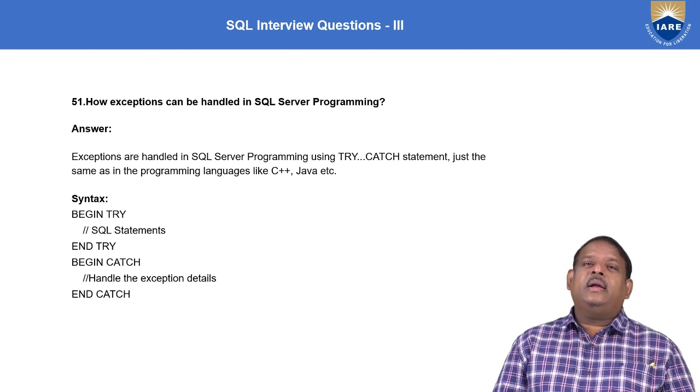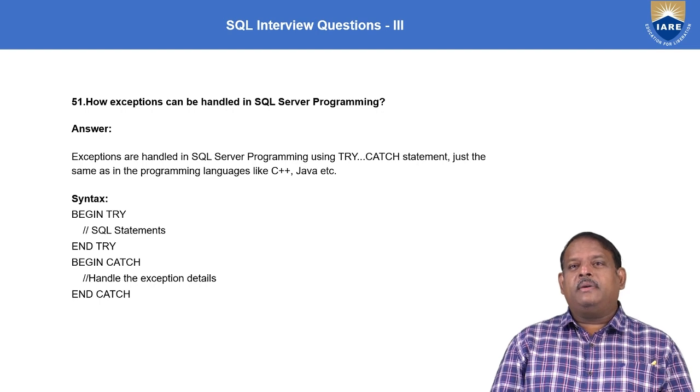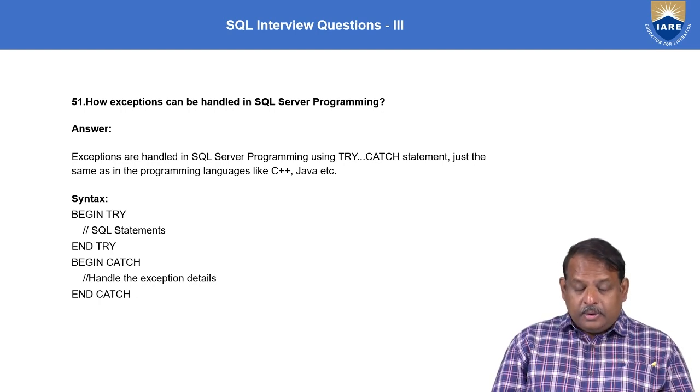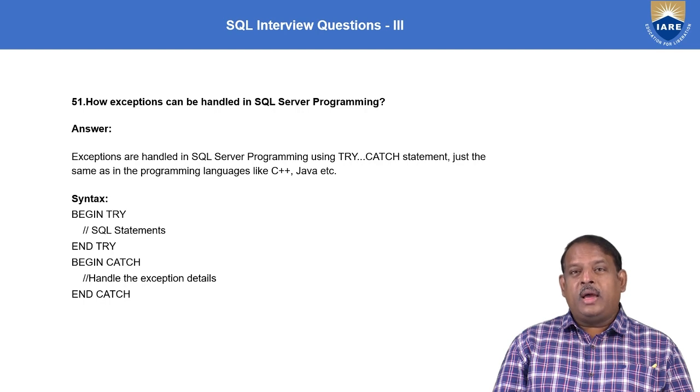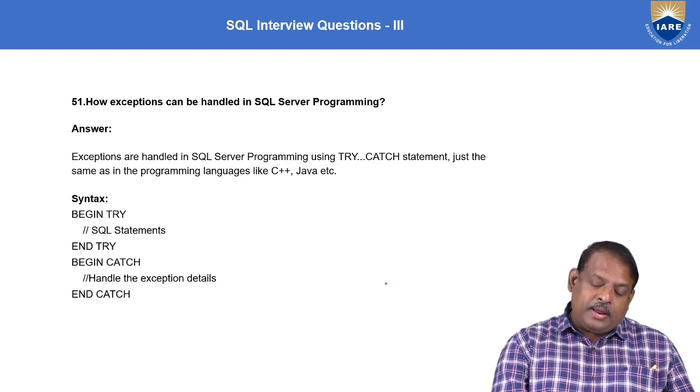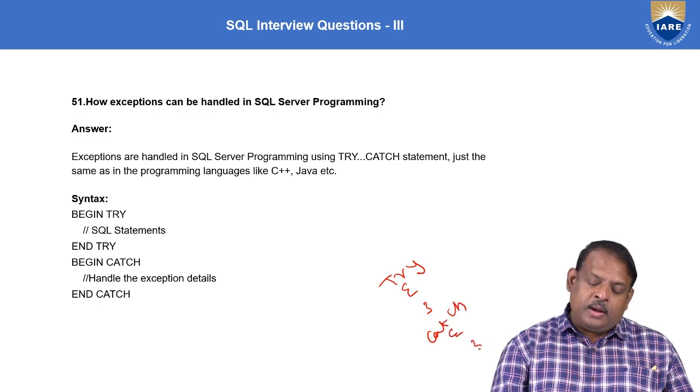Exceptions are handled in SQL Server by using the TRY CATCH statement, just like programming languages such as C++, Java, or Python. In the same way, we have try and catch blocks to do the error handling.